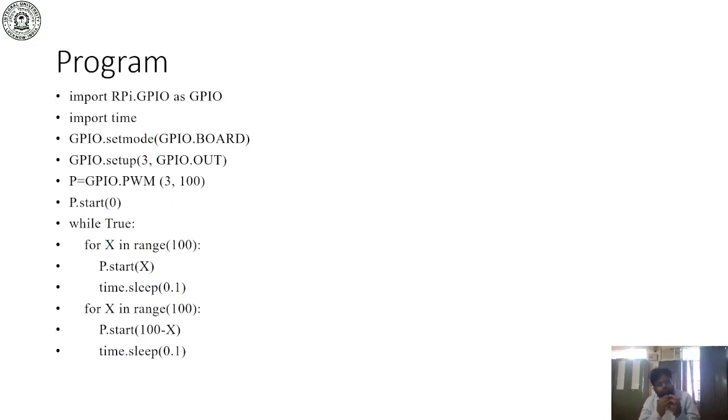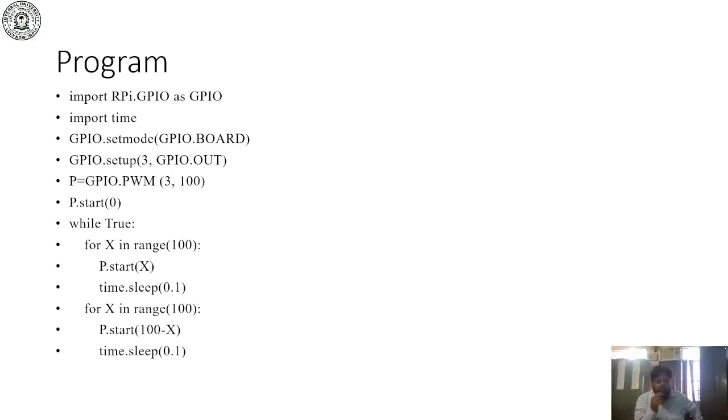Whenever I program it, I will explain it to you, but here I will briefly explain how the brightness will be controlled. So the first line shows import RPi.GPIO as GPIO.